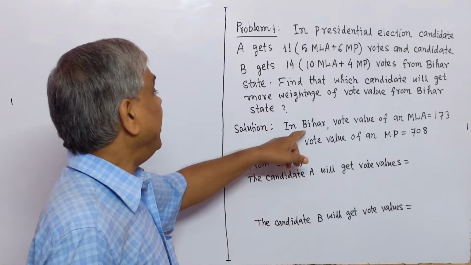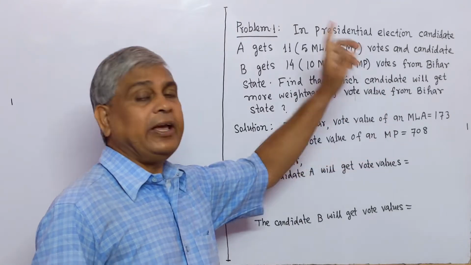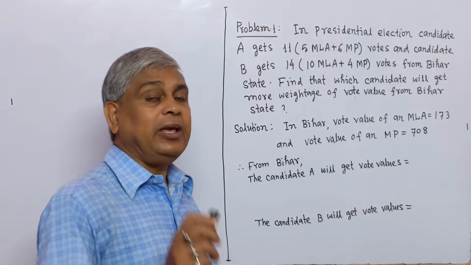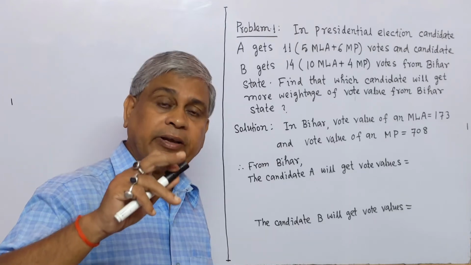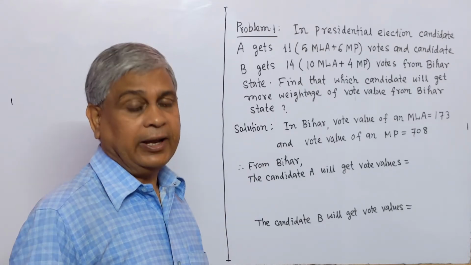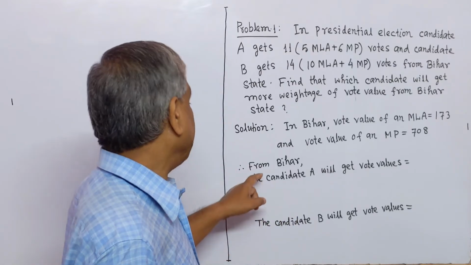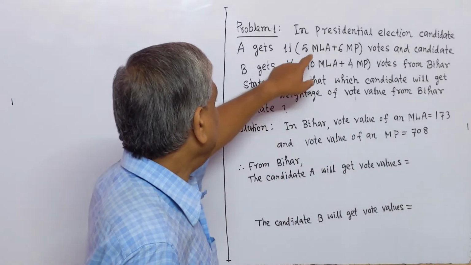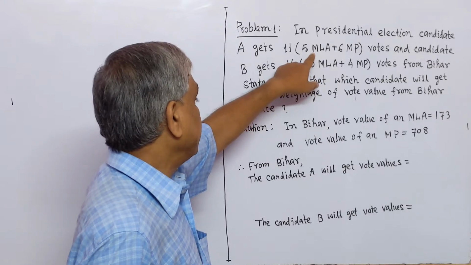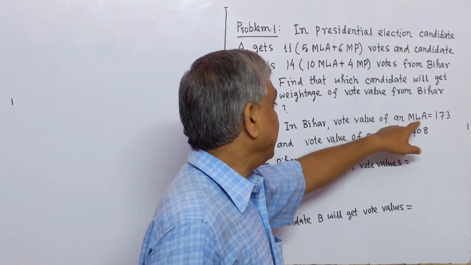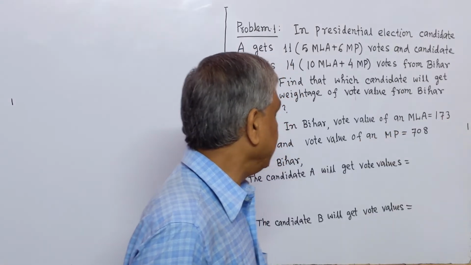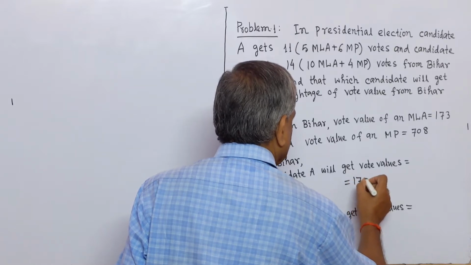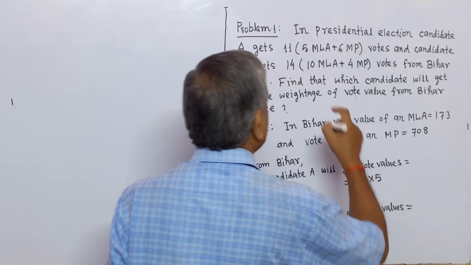Since in Bihar state, the vote value of an MLA is 173 and the vote value of an MP is 708 in any state of India, therefore from Bihar, candidate A will get vote values: 173 multiply 5 MLA votes.